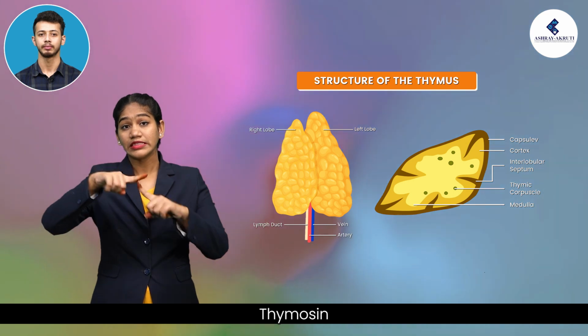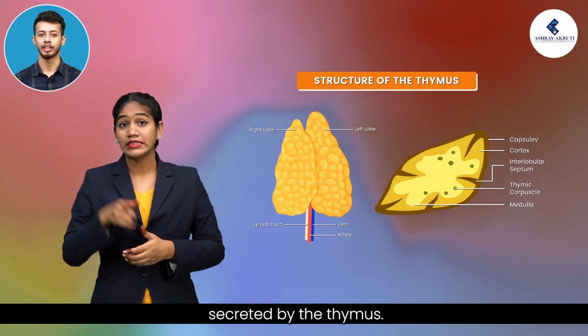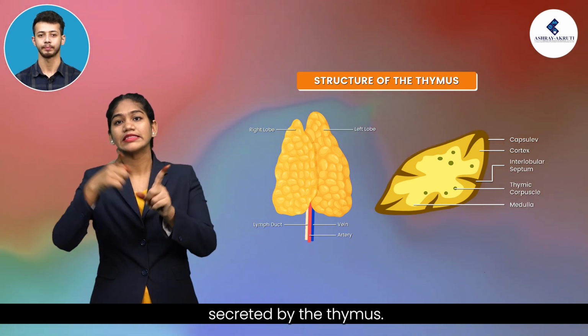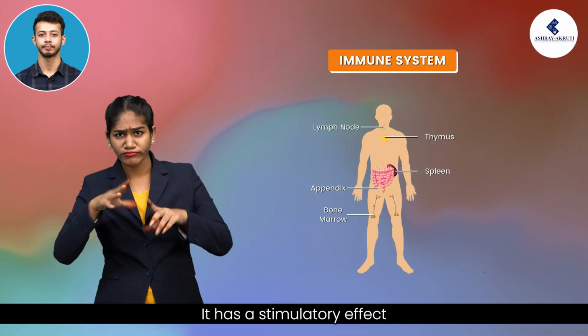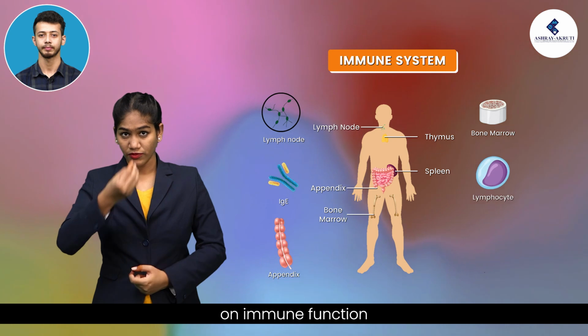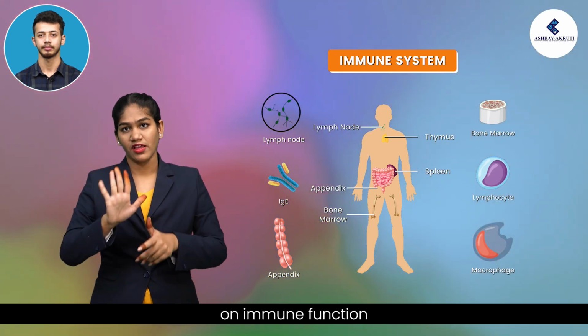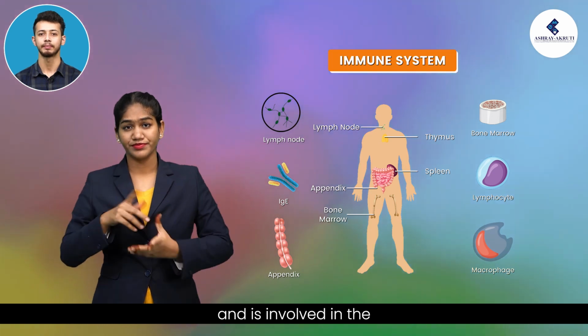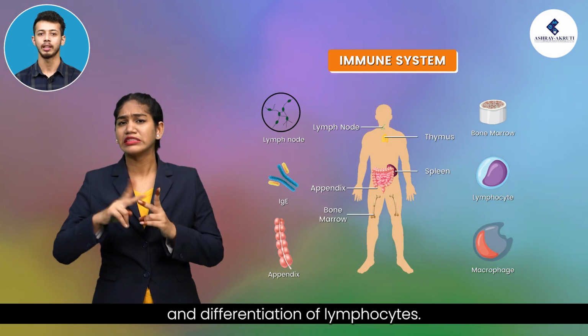Thymosin is the hormone secreted by thymus. It has stimulatory effect on immune function and is involved in the production and differentiation of lymphocytes.